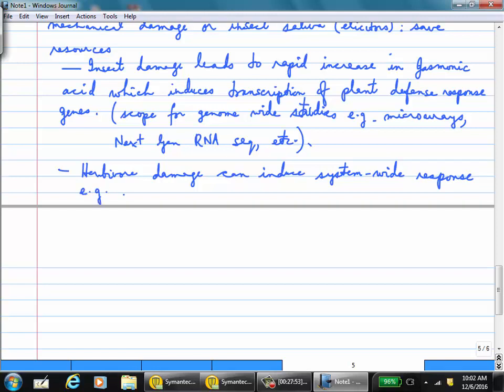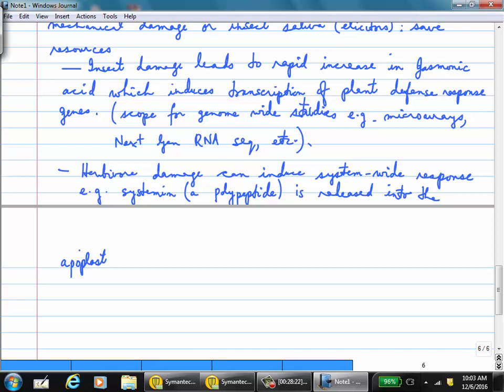For example, there is a polypeptide called systemin. Systemin is released into the apoplast, right? What is the apoplast?